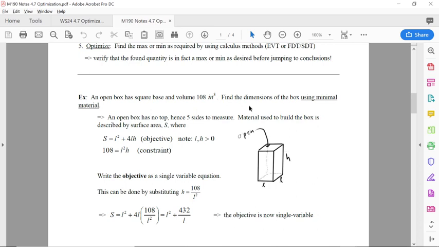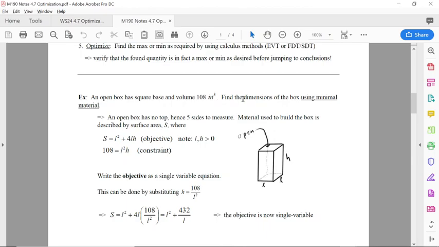If we wanted to know the actual amount of material we would need to produce the box, that would minimize the amount of material, we would want to plug our values of L and H back into the surface area equation itself and find out what S is equal to. So we should be mindful of what we're really being asked to report as the answer to the exercise.